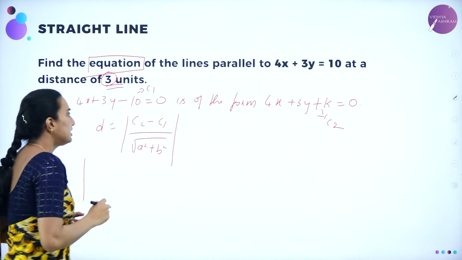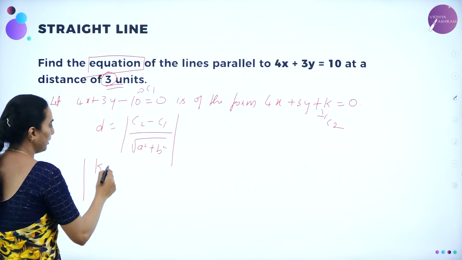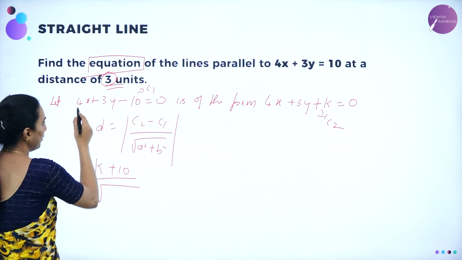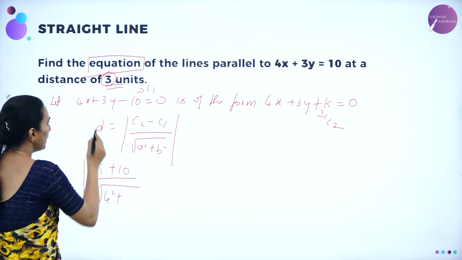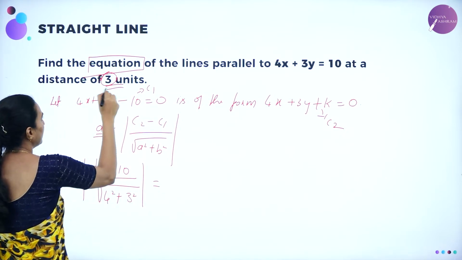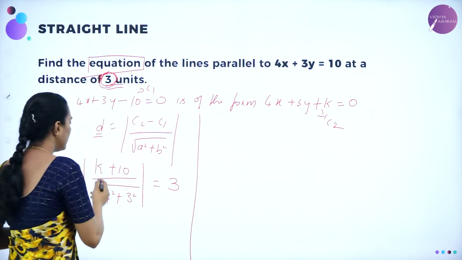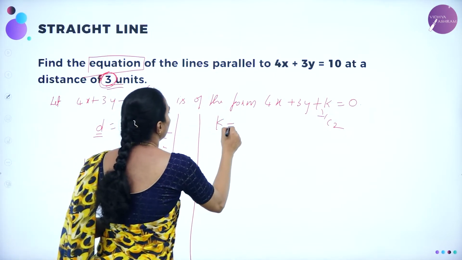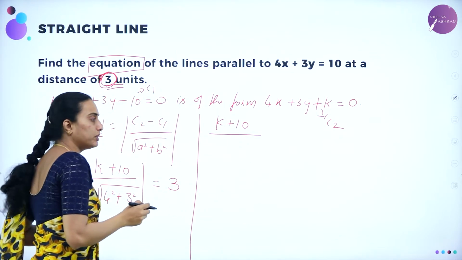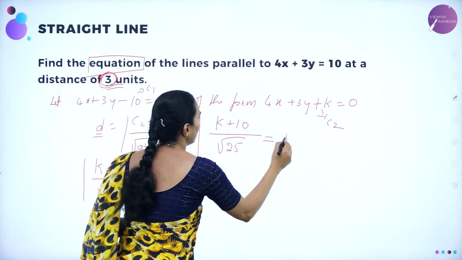So c2 is k minus of minus 10, which is plus 10, divided by square root of a squared, where a is 4 squared plus b is 3 squared, is equal to d, which they have given as 3 units. Therefore, k plus 10 divided by square root of 4 squared plus 3 squared, which is 25, root 25 is 5, is equal to plus or minus 3.